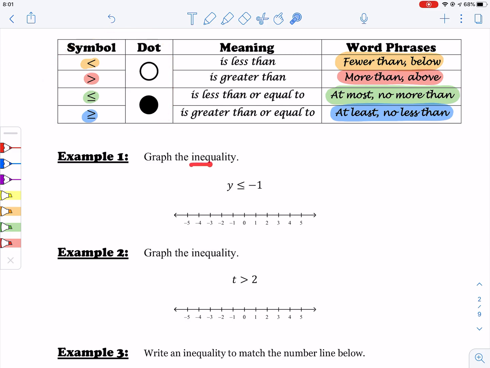So when I say graph this inequality, I'm going to give you the inequality. In this case, your inequality is y is less than or equal to -1. And on this graph right here, I need you to represent all the solutions to this inequality. To do that, you're going to color in all the numbers that are less than or equal to -1.